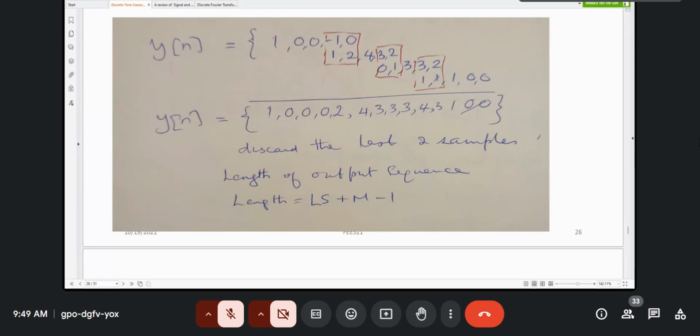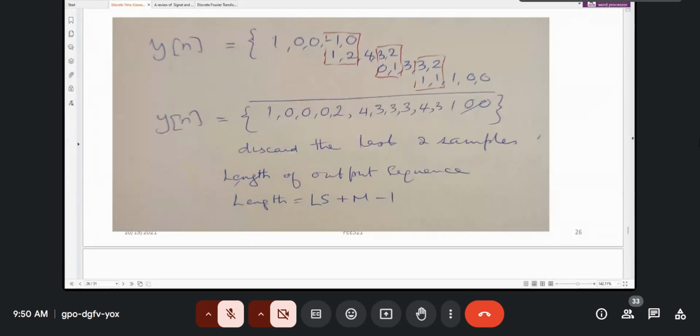You're adding the last m minus 1 samples of y2 of n and the first m minus 1 samples of y3 of n. So 4, 3, 1, and of course 0, 0. These 0, 0 are coming because of those 0, 0s we added to x1.